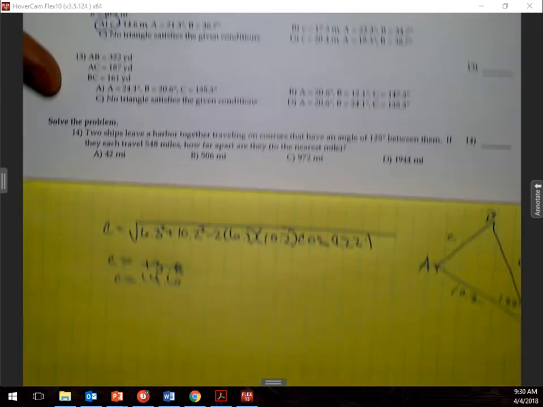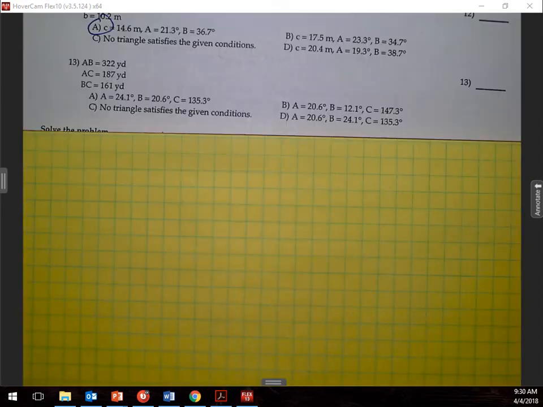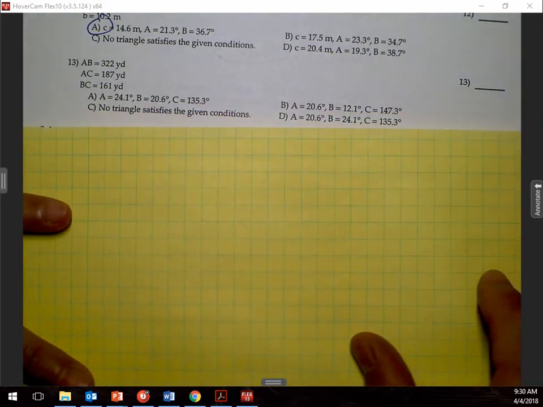So, number 13. She typed it in exactly. Do I need to check it? Yeah, because she typed it in exactly.